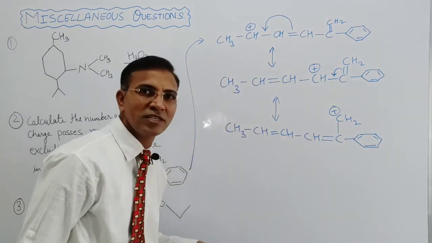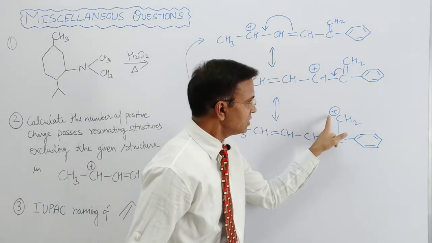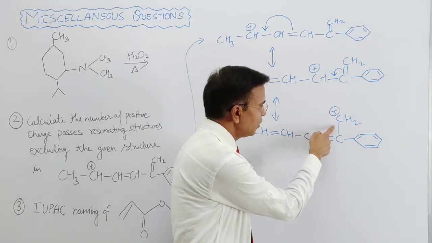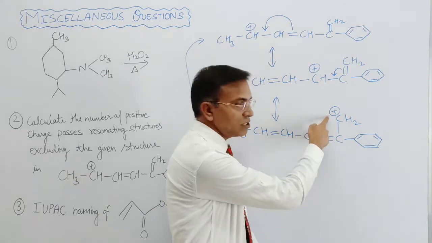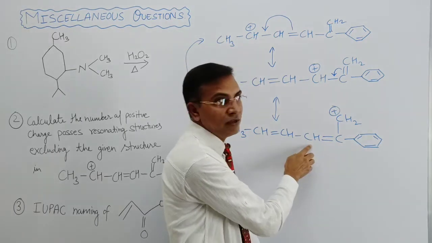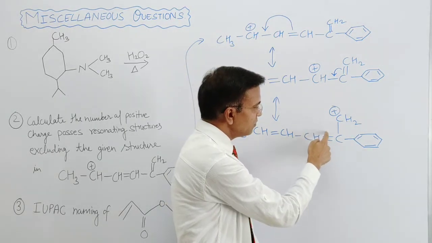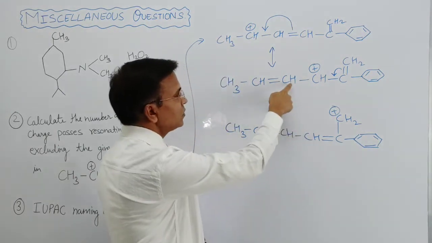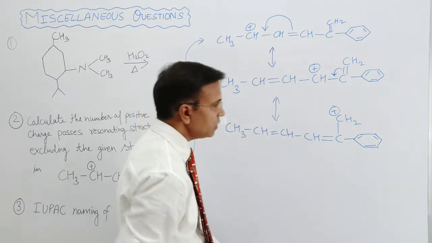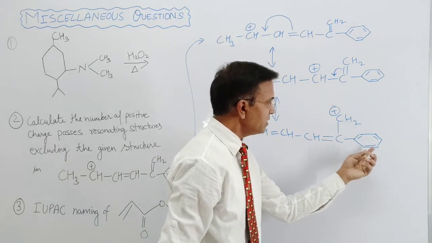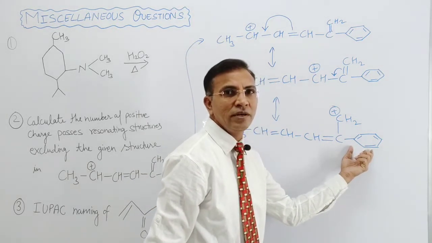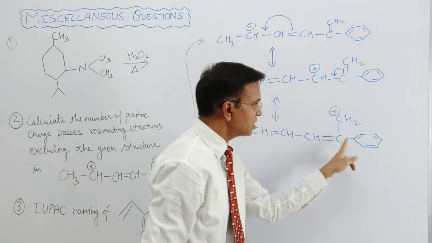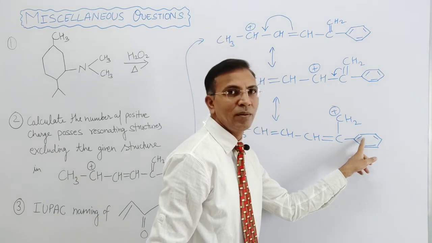Now the next resonating structure. This positive charge is in conjugation with the sigma bond and double bond. If the movement takes place further, then this carbon possesses the positive charge, which is the same species as the second one. Now this positive charge is not in conjugation with the benzene ring: positive charge, sigma bond, and then the benzene ring double bond.